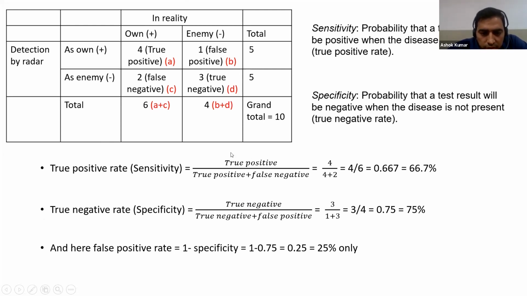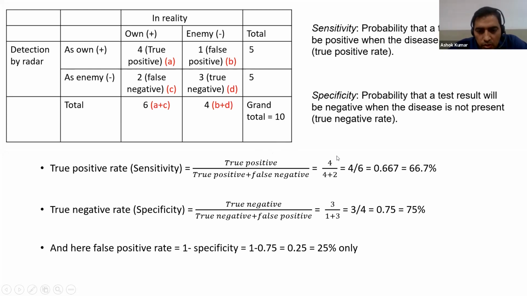So sensitivity is the true positive rate. So true positive divided by true positive plus false negative. You have to remember false negative. So true positive divided by true positive plus false negative. And you can see here, this is n. In sensitivity, n comes. So what is false? That n is negative. False is negative. So where is true positive and where is false negative? We can get them from the 2 by 2 table.